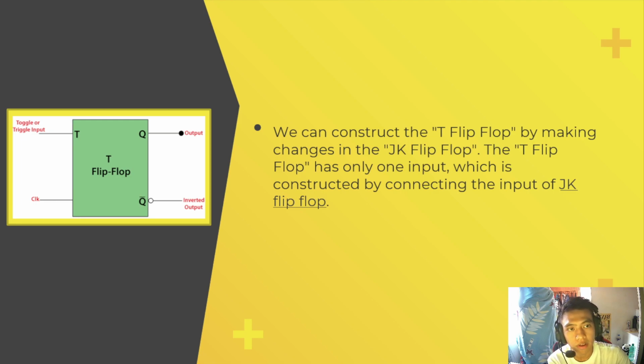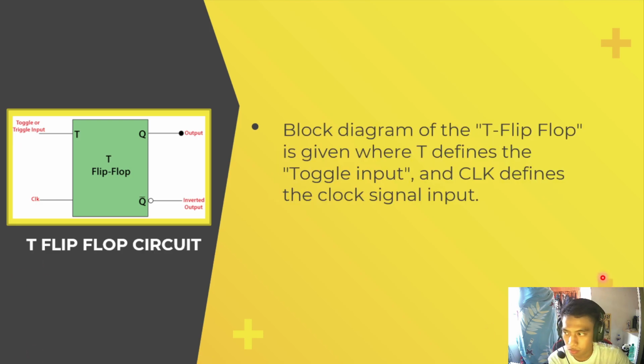Sometimes the T flip-flop is referred to as a single input JK flip-flop. So, the block diagram of the T flip-flop is given where T defines the toggle input and CLK defines the clock signal input. So, ito yun.